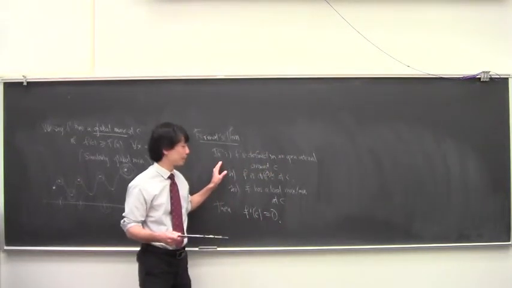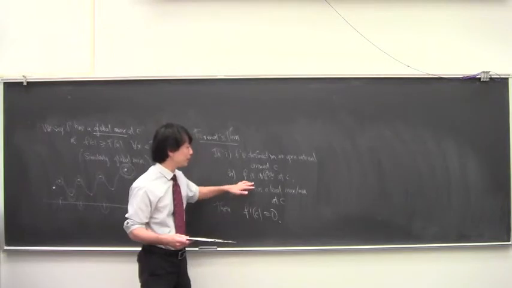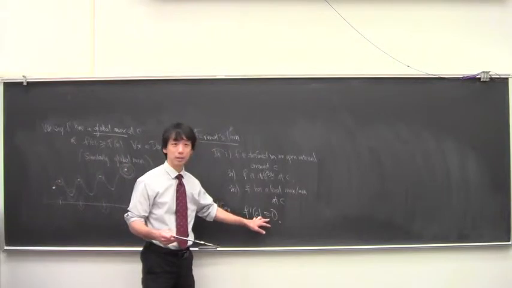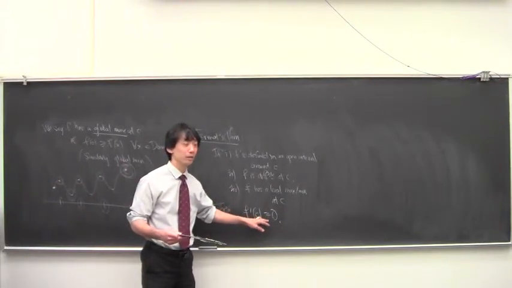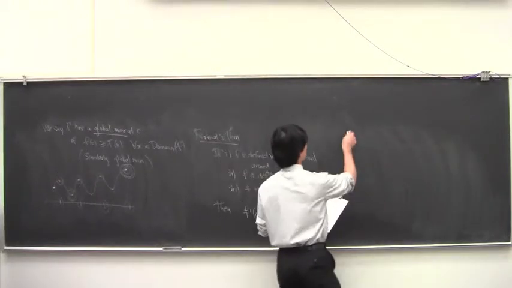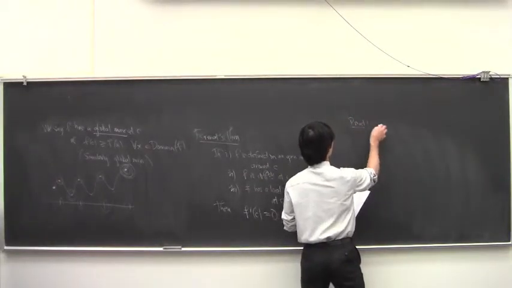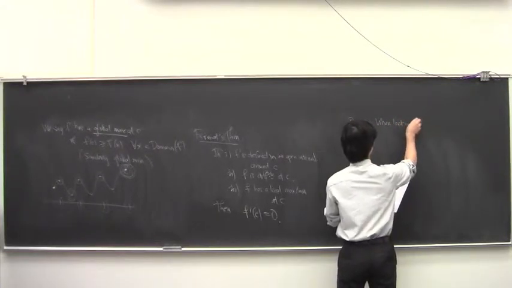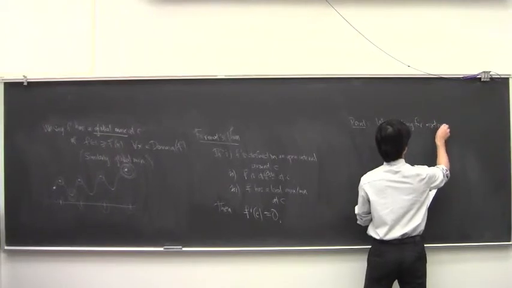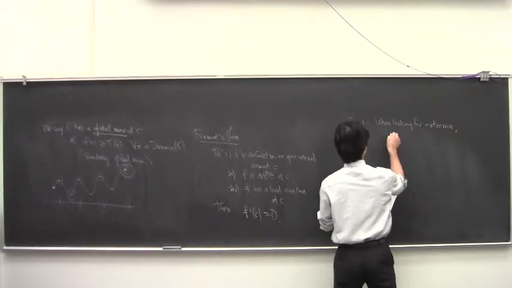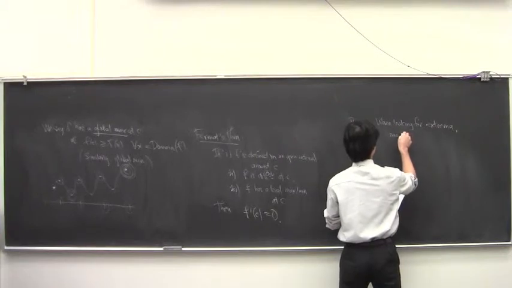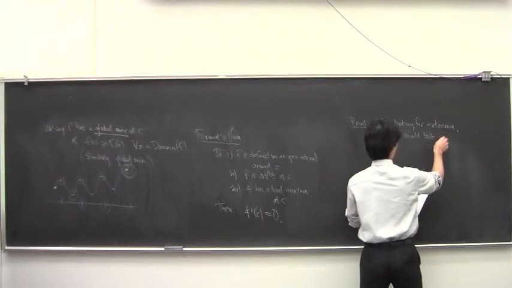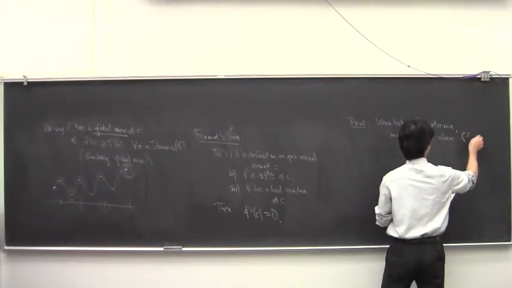Okay, so what does this tell you? This tells you that if you're looking for a local max or min, then the places to look are where the derivatives are 0. So the consequence of this: when looking for extrema, one should look where the derivative equals 0.